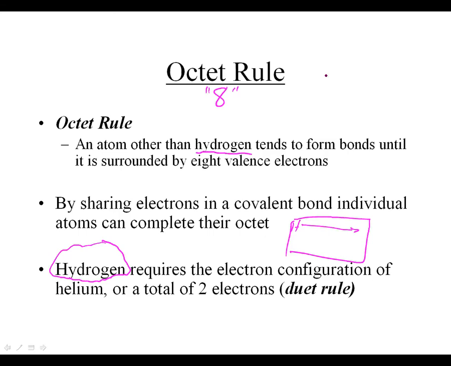For some reason, people always like to do this move because they're thinking everybody needs 8. Hydrogen does not. Make sure you don't do that. Hydrogen, as I mentioned before, should only look like that, with 1 bond coming into it, which gives it 2 electrons. Any questions on that?